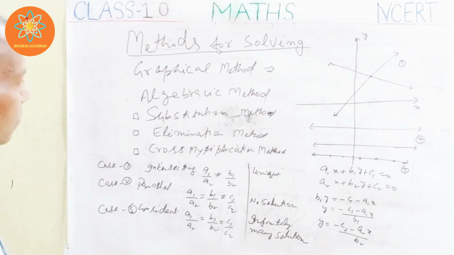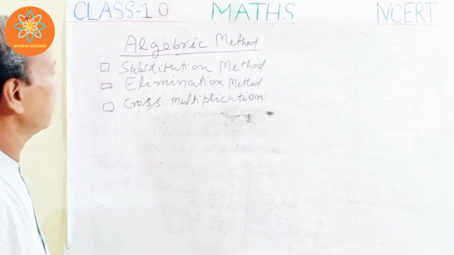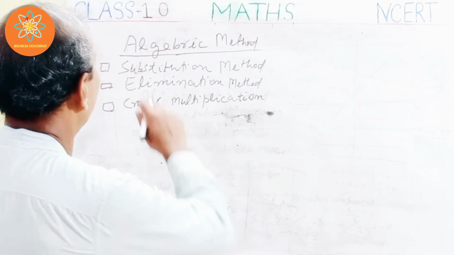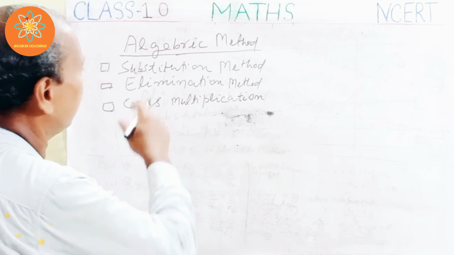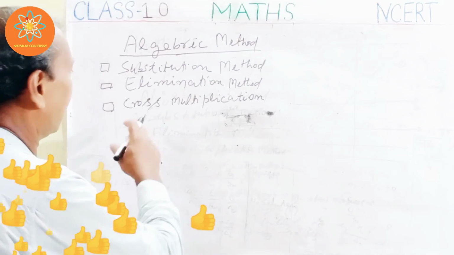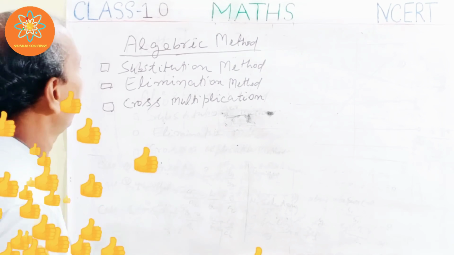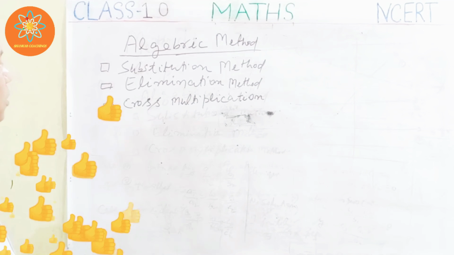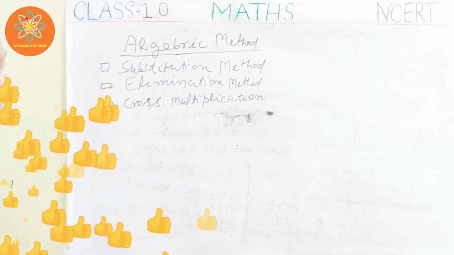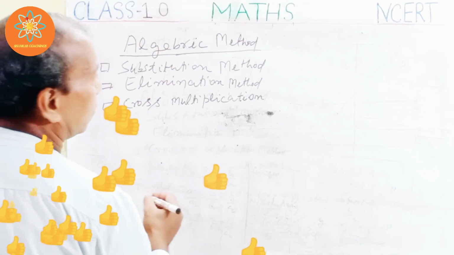In the algebraic method, there are again three methods: the substitution method, the elimination method, and lastly the cross multiplication method. First of all, I will discuss the substitution method.